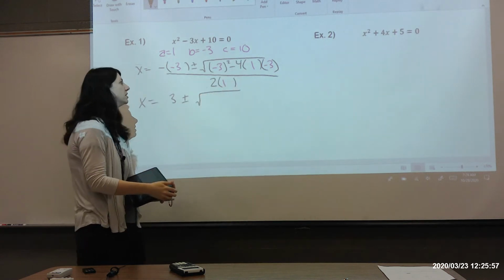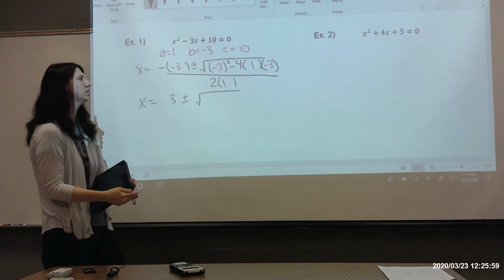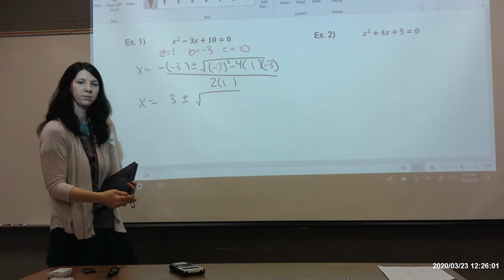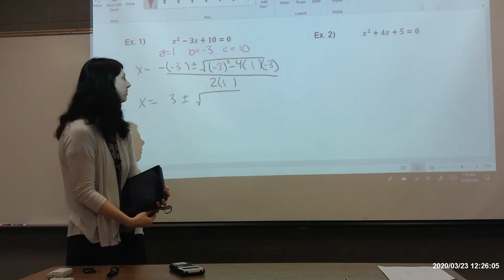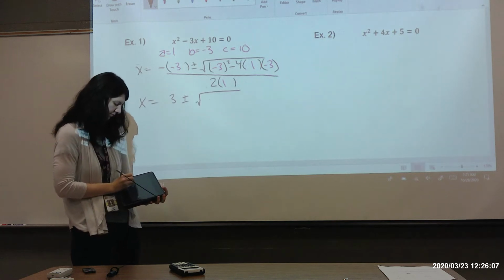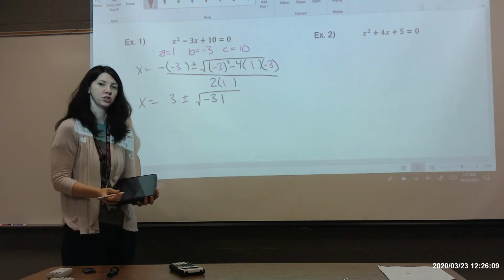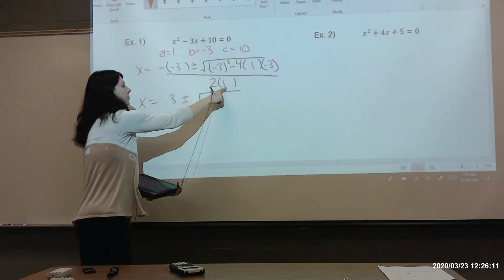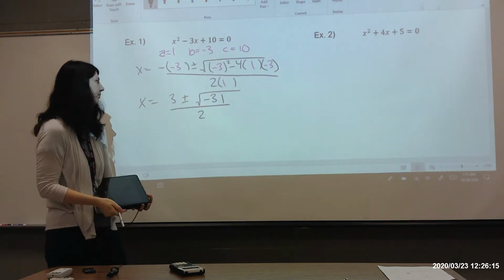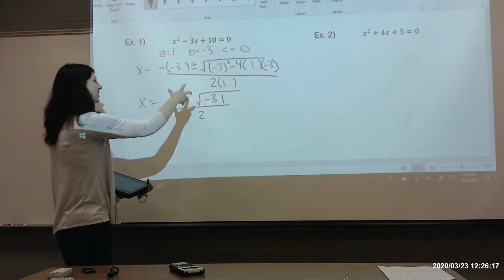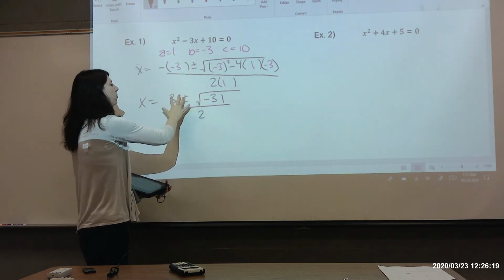So what does negative 3 squared minus 4 times 1 times 10 equal? Okay, you should have gotten negative 31 as your discriminant. And then 2 times 1 is the third spot we need to simplify, and that would be 2.